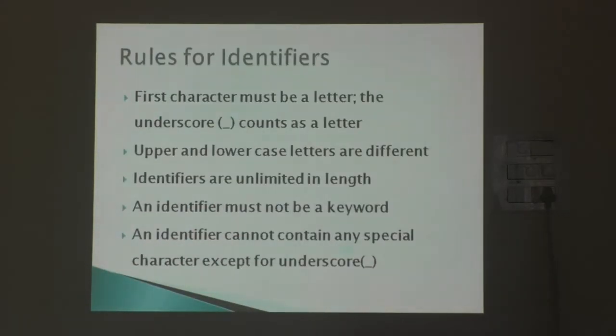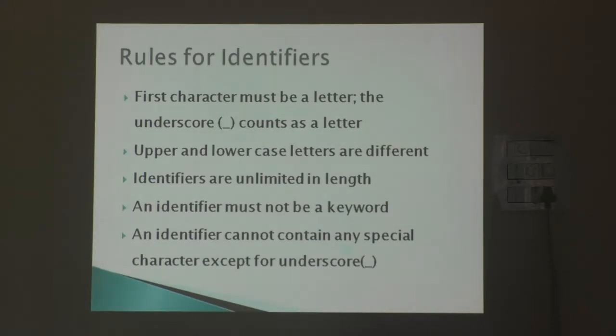The first character must be a letter or underscore, followed by a letter or underscore, followed by digits. Everything is valid. Then upper and lower case letters are different. Identifiers have unlimited length.